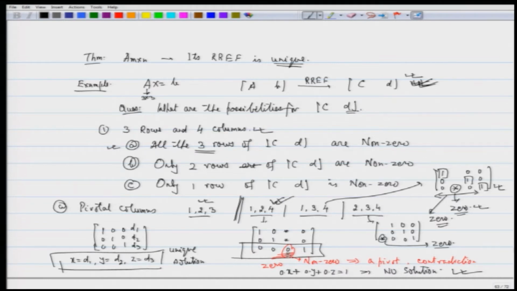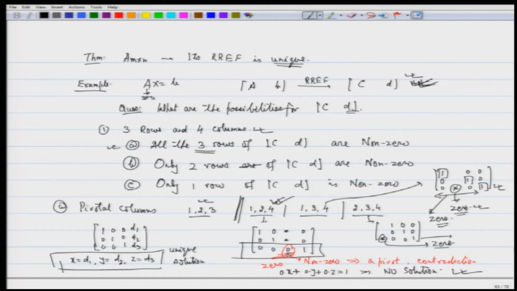So, this case again leads me to the idea that 0 times x plus 0 times y plus 0 times z is 1, which has no solution. So, you can see that from RREF I am able to conclude when the system will have no solution as such. There are other ways also.